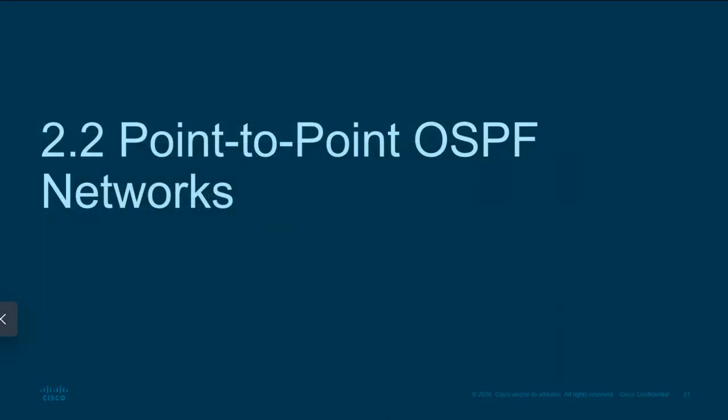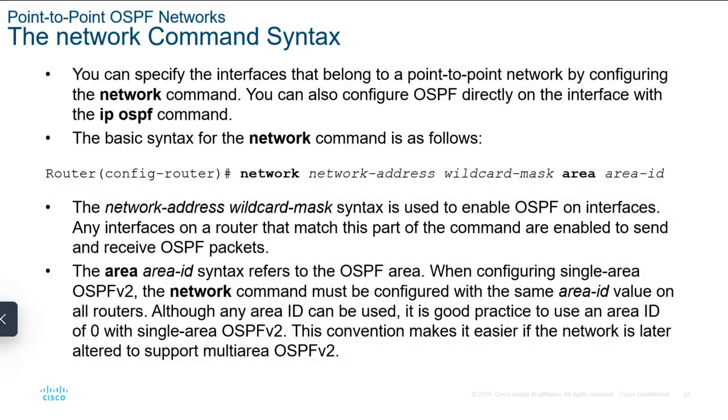On a point-to-point OSPF network, you can specify the interface that belongs to the point-to-point network by configuring the network command. You can also configure OSPF directly on an interface using the IP OSPF command.